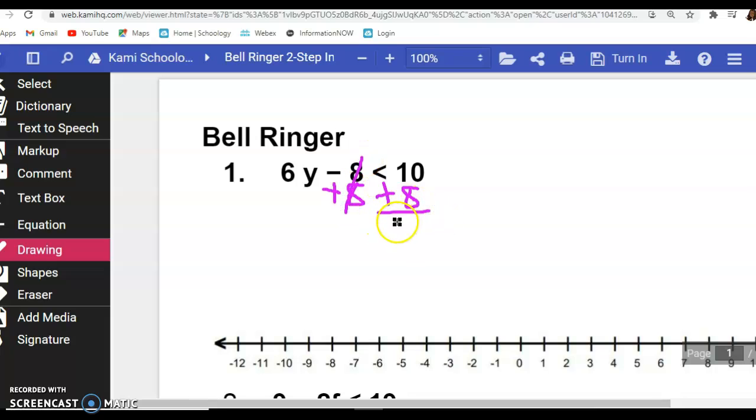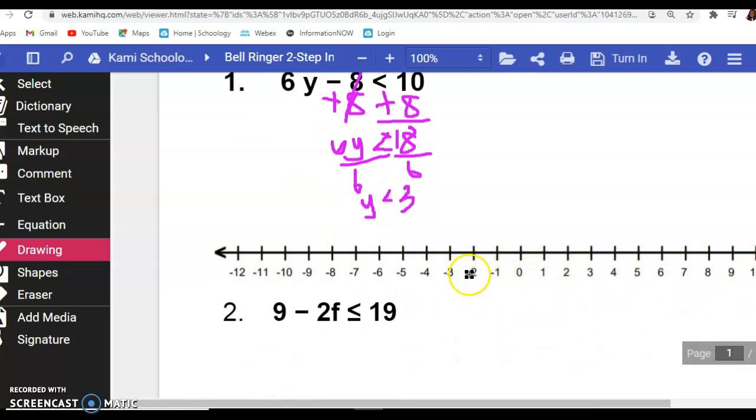When we add 8 to this side, we have 18. We know that this sign stays the same. And now we have 6y is less than 18. We also know that in order to get this y by itself, we have to divide both sides by 6, which gives us y is less than 3.